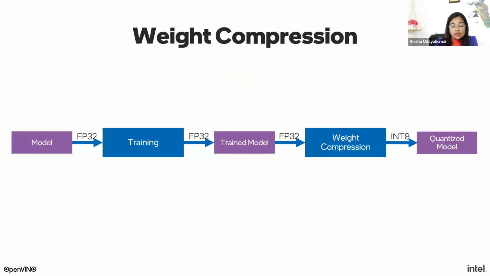One of them is weight compression, which is a smart strategy for models, particularly crucial for memory-heavy large language models. Today we call them LLMs, the most popular ones like Llama 2, ChatGLM. If you're familiar with ChatGPT, the brain model behind it is an LLM.